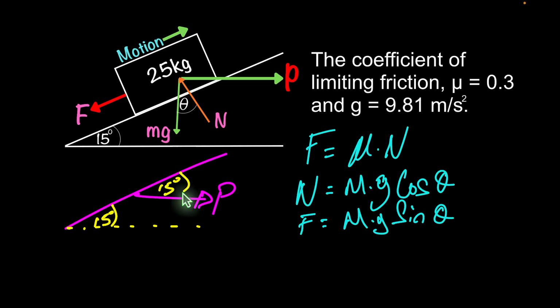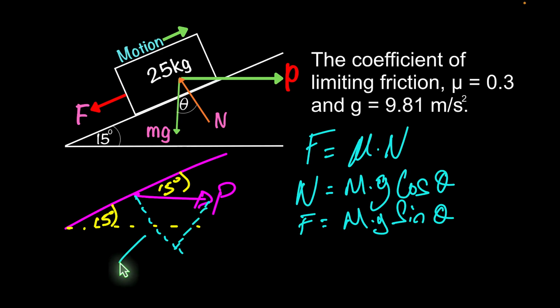Now, the next thing that we would need to evaluate are the components, which is going to be relatively straightforward. So for P, we're going to have another reaction force like that, and another force going like that parallel to the inclined plane.